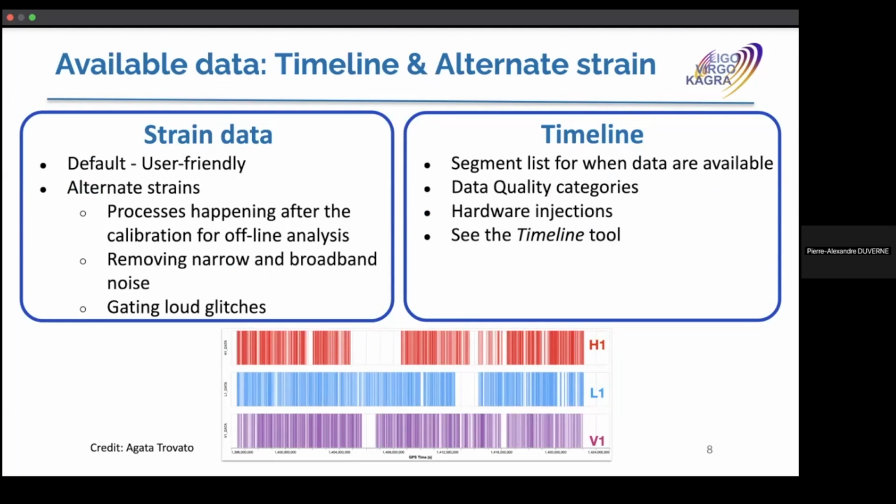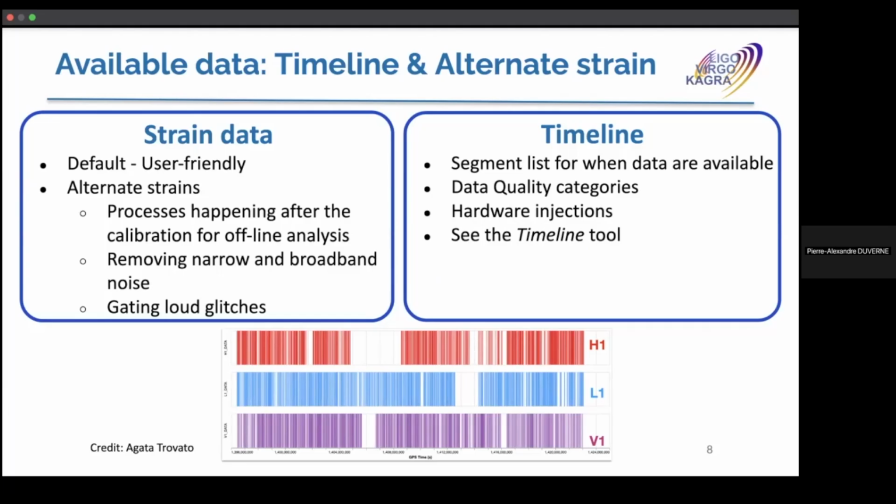But in order to be as exhaustive as possible, the GWOSC group also released what's called alternate strains, which consist of strain data, but without some of the post-processing that has happened after calibration.